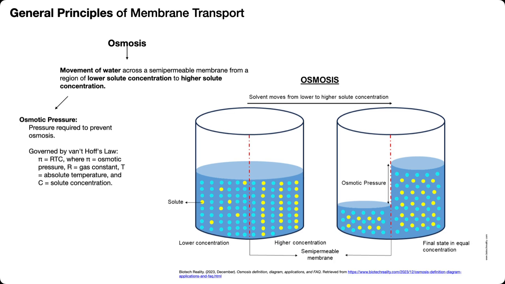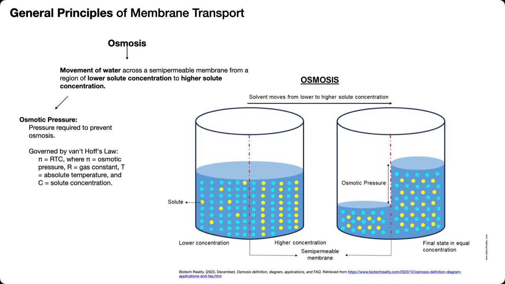Now, water is going to naturally move from an area of low solute concentration to high solute concentration, and again, to stop this movement, that osmotic pressure is going to be applied to the side with the higher solute concentration. We say this is governed by Van't Hoff's law. Now, I have a formula here.